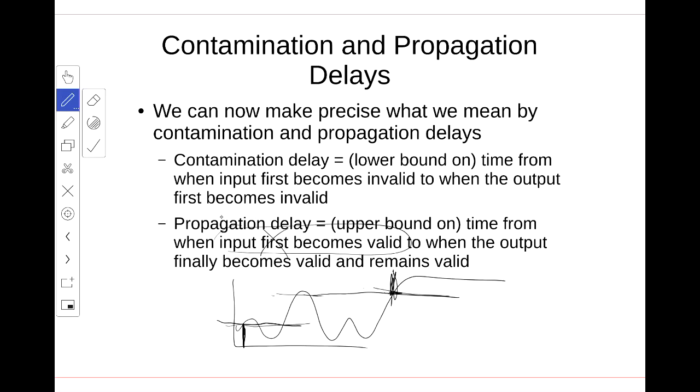When the stopwatch reaches the propagation delay, that's when you know that the output is guaranteed to be correct. So contamination and propagation have the same meaning as before, but we can define them precisely in terms of the V input low, V input high, V output low, V output high. That's all I'm saying.